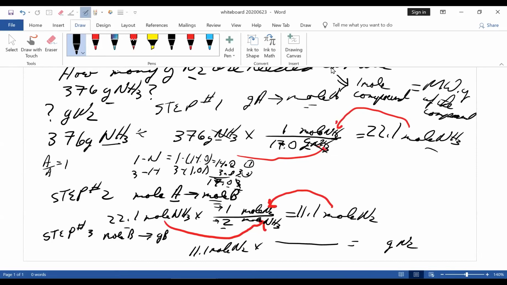Nitrogen molecular weight: 2 times 2 nitrogens, 2 times 14.0 equals 28.0. And we'll need this number.